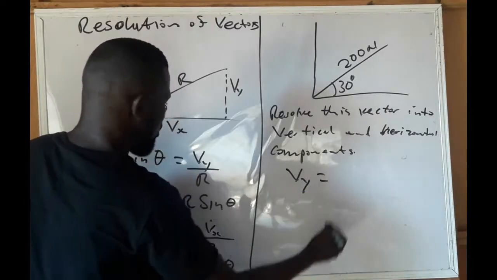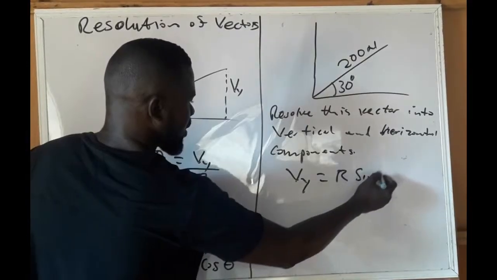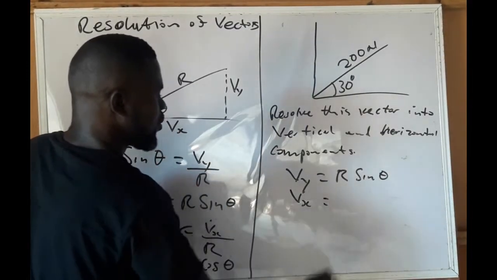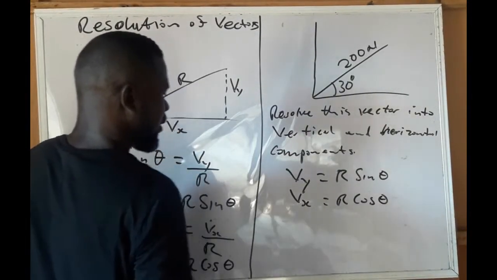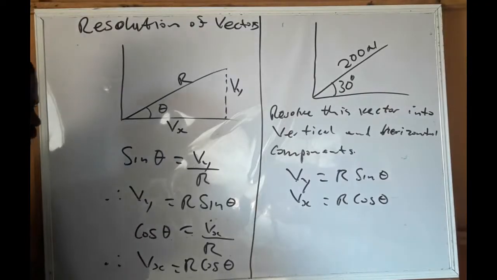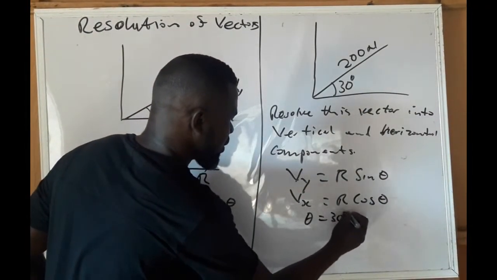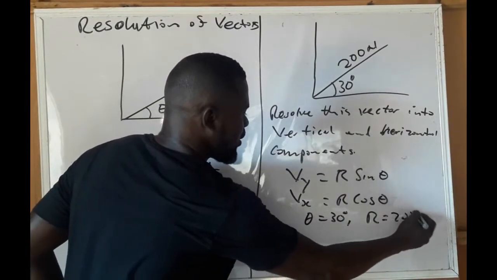For the vertical component we use r sine theta, and for the horizontal component we use what? r cos theta. Now in this case, theta is equal to 30 degrees and r is equal to 200 Newton.